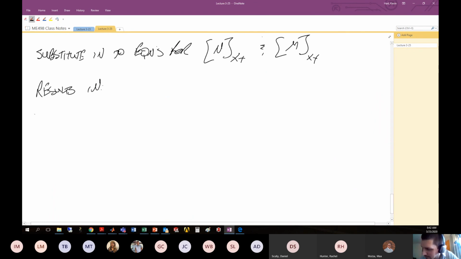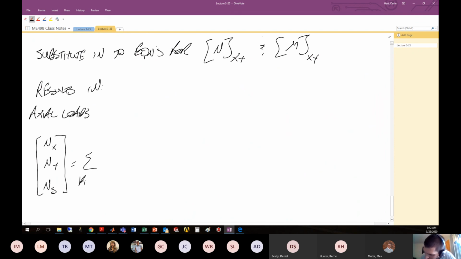So that results in, for axial loads, the following. Here we have N X, N Y, N S equal to, again, we're summing from K equals 1 to N, our integral of the stress vectors. But here now we're substituting the stress vector sigma x, sigma y, tau xy for the expression that contains the strains that we know. Okay, so in full-blown glorious form, it looks something like this.